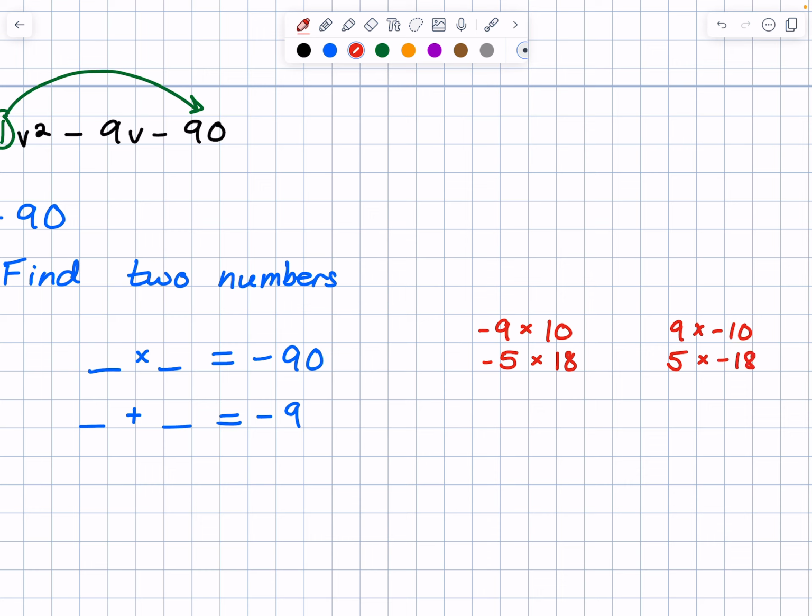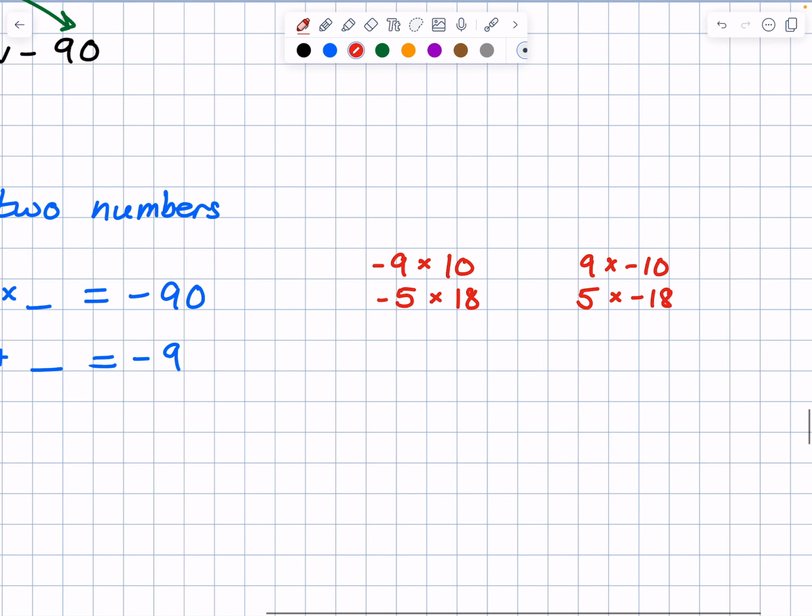Well, those are still not adding to be negative 9, so we try again. Let's see, what else multiplies to be negative 90? How about 3 and 30? Negative 3 and 30, or 3 and negative 30. No, none of these are adding to negative 9 still.